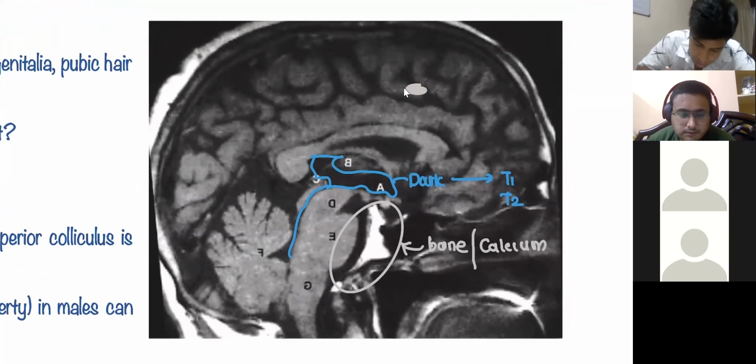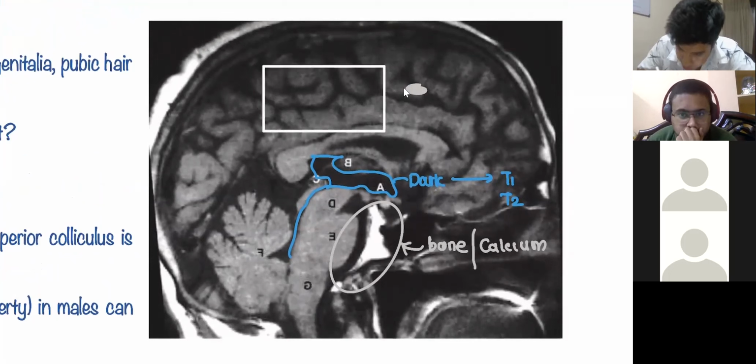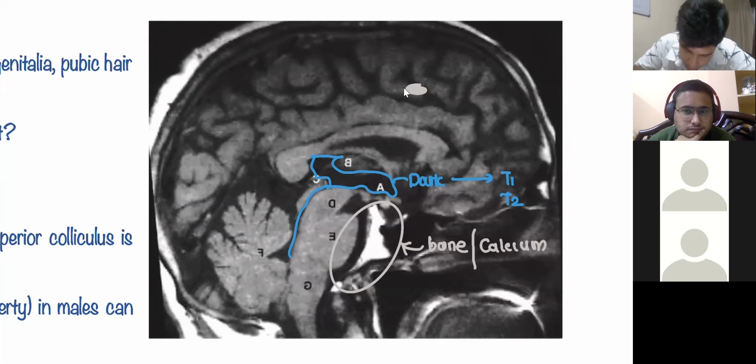Now tell me, if there was bleeding here, would this area appear dark in this MRI, or would it appear light? Would it appear to be dark if there was bleeding? Dark. It will appear to be dark. Okay. You will not see the normal brain anatomy. You will see a lot of dark areas like this.